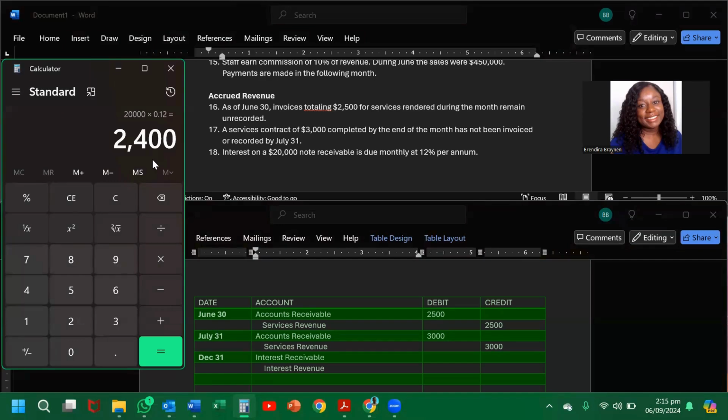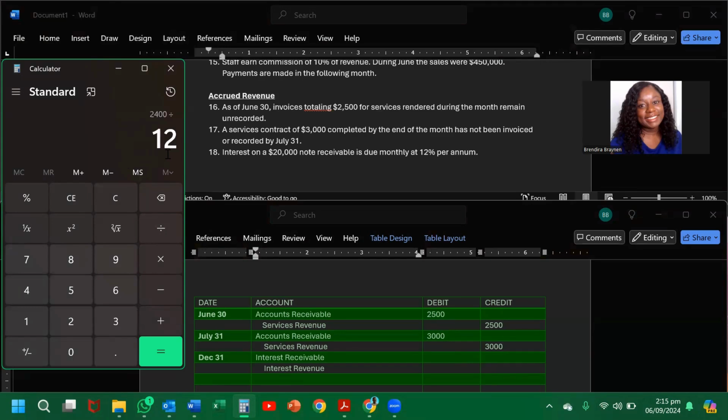Because I'm recording only for the month of December, or if I was recording it for the entire year, I would put the 2,400 here. But I'm going to assume that for the month of December, that's the only month that I haven't received the interest for. So I need to calculate the monthly amount of interest. 2,400 divided by 12, 12 months in a year, that's the time.